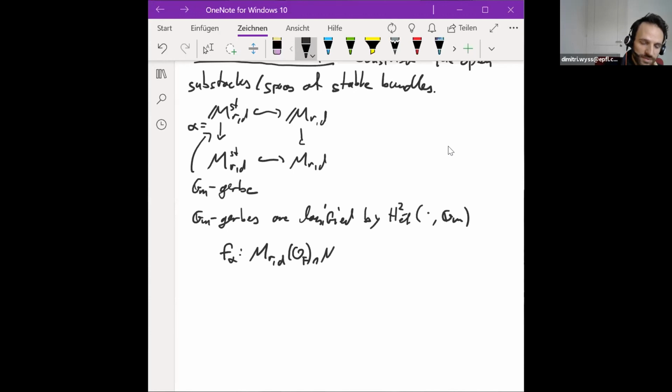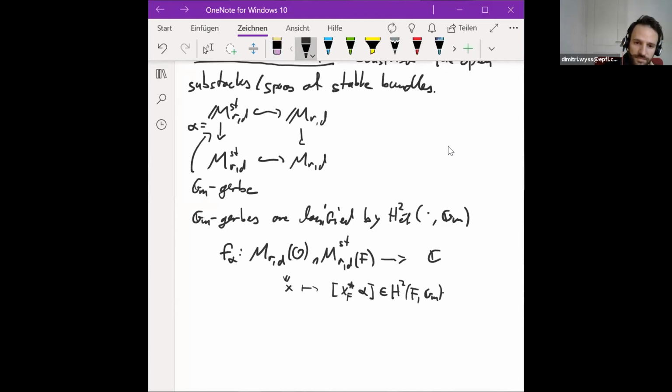But again, we can assume that generically the generic point will lie in the stable locus, and we get a map to the complex numbers as follows. We pick a point X in here, and then we send it to the class of the gerbe. I now just think of it as the generic point, and I pull back this gerbe, which is basically a class in H2 of the field F.